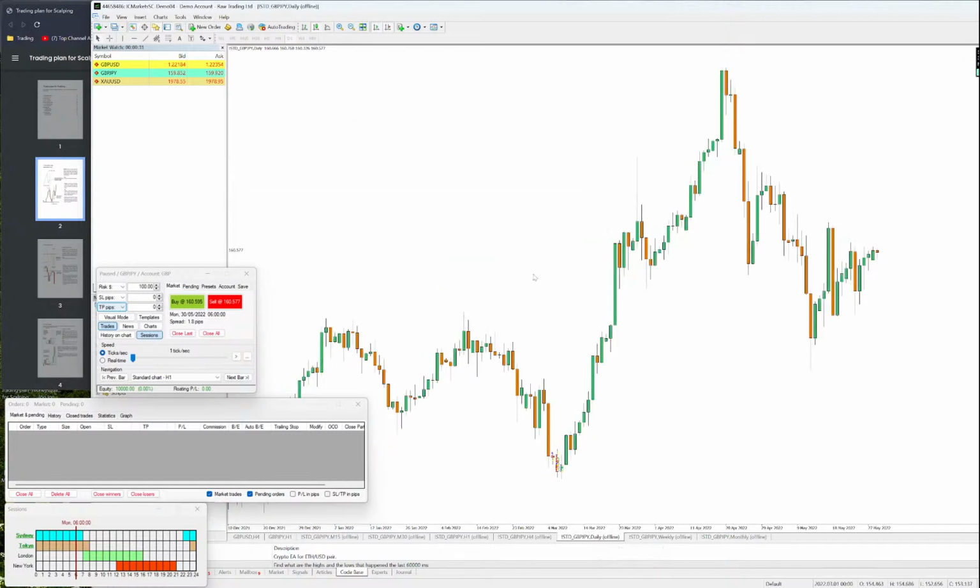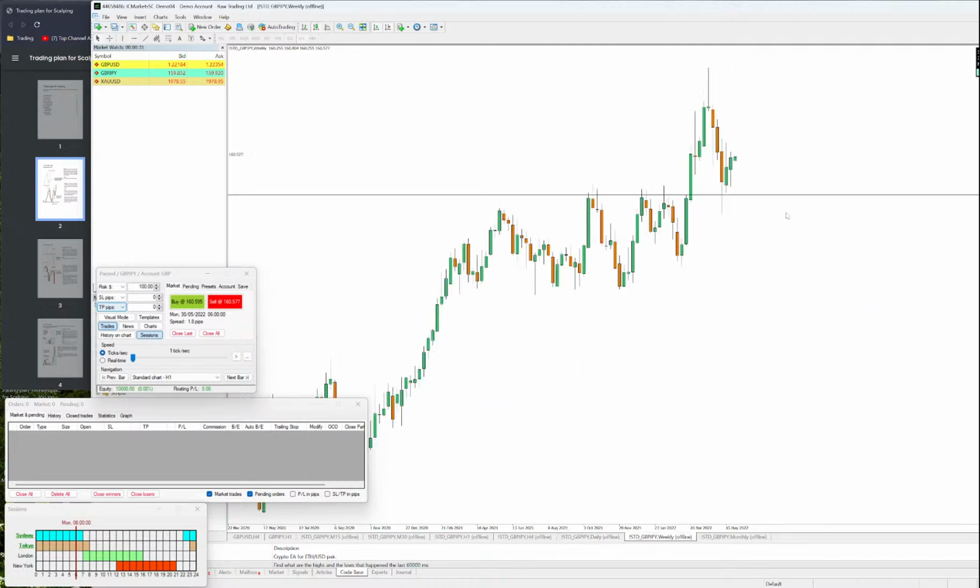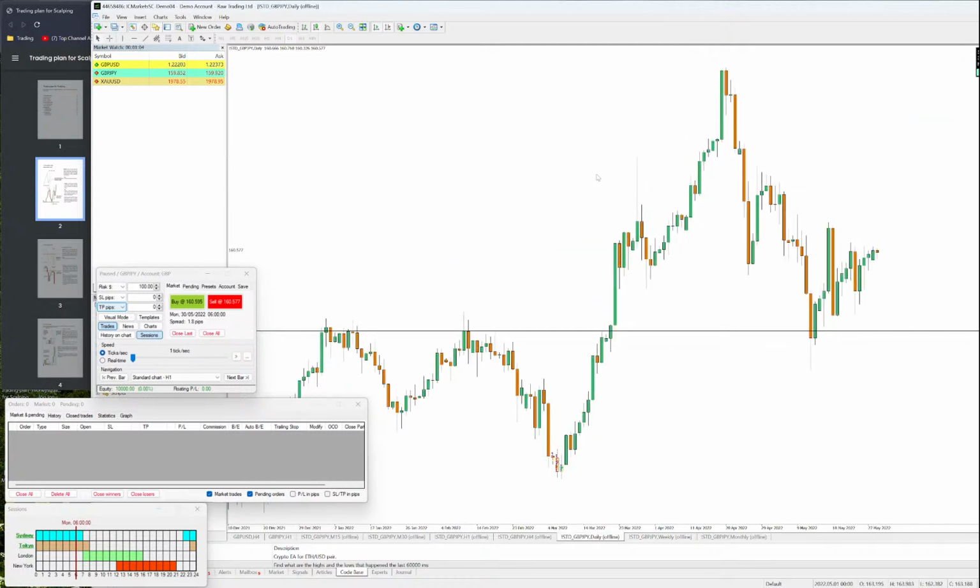It's like that. Daily, however, is quite tricky. Let me just go ahead and mirror this, clone this object, and let's go on a daily. Now daily is very tricky because we have these whipsaws.